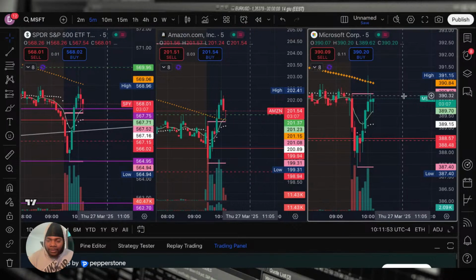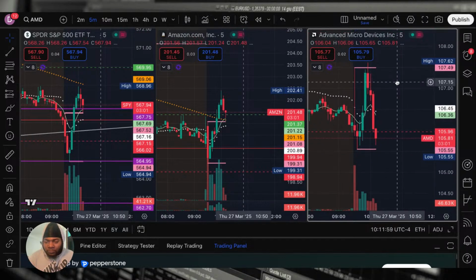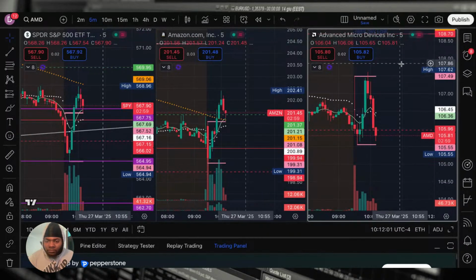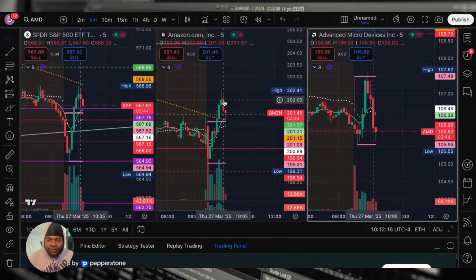We are on a 5-minute chart. 3 minutes left on this candle. That's a great exit on Amazon too.